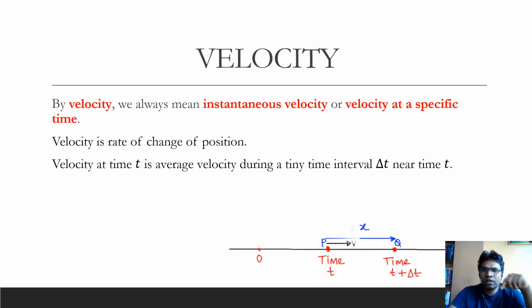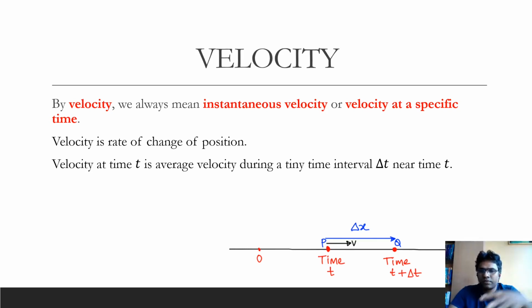If you take a look at this picture, the particle is at position P in space at a specific time t. When we want to get the velocity of the particle while it is at point P, we try to consider a tiny interval in time, either in the forward direction or in the backward direction.